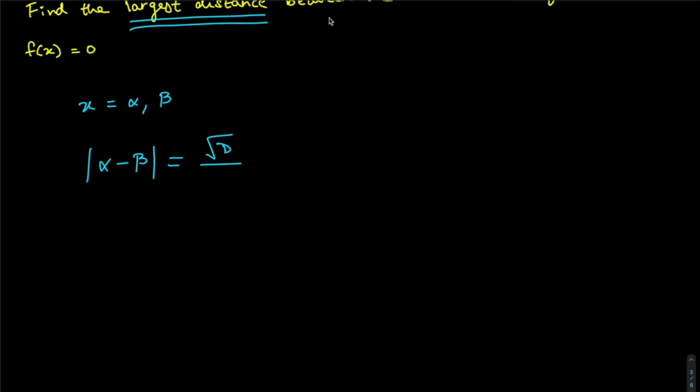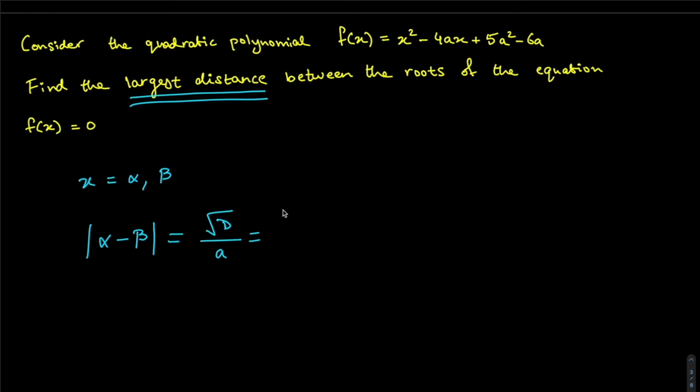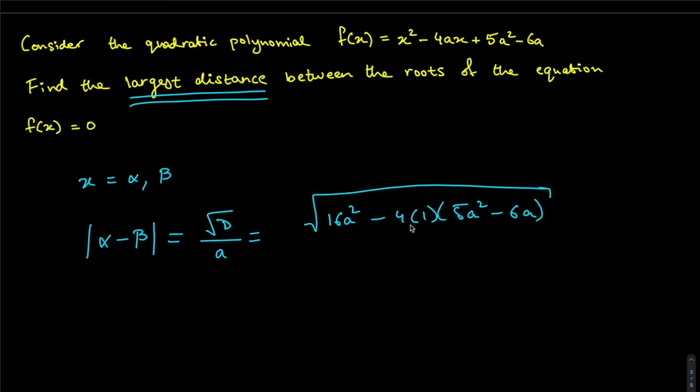All right, now that we have the formula in place, all we have to do is plug in what we have. Inside the square root, I'm going to have 16a² − 4 × 1 × (5a² − 6a), all upon 1.